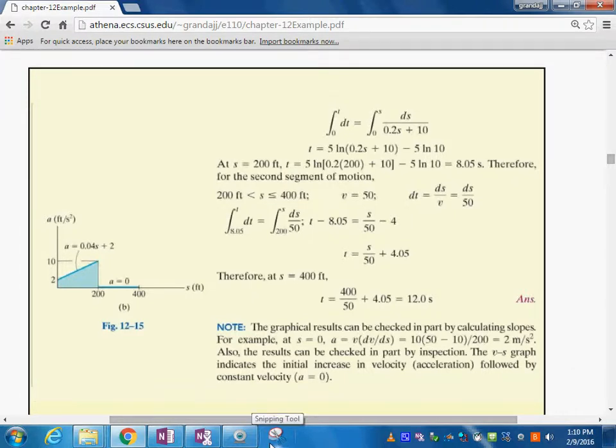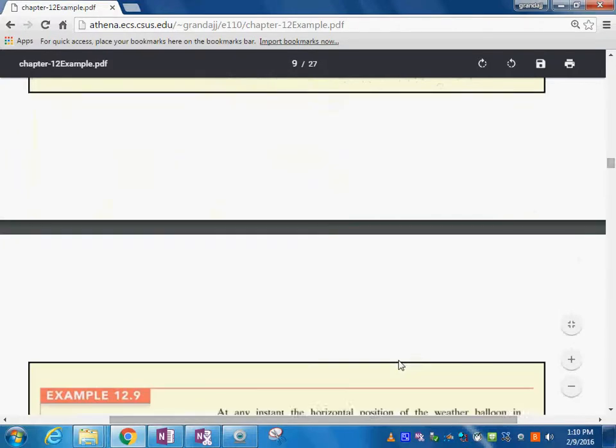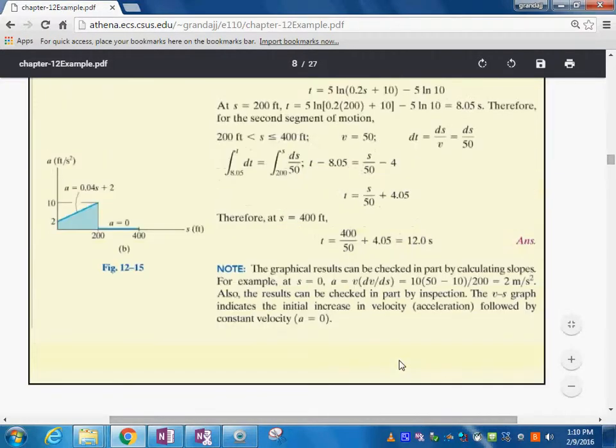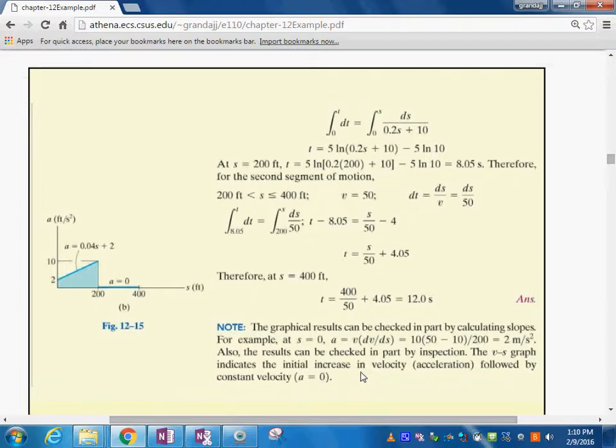Of course, you can inspect the graph. The v-s graph indicates an initial increase in the velocity followed by a constant velocity. So if you do these graphs, they can be very useful and get you more information of what we needed to know. We need to know the acceleration, but mainly the velocity and the position. Those are the two things that are crucial.